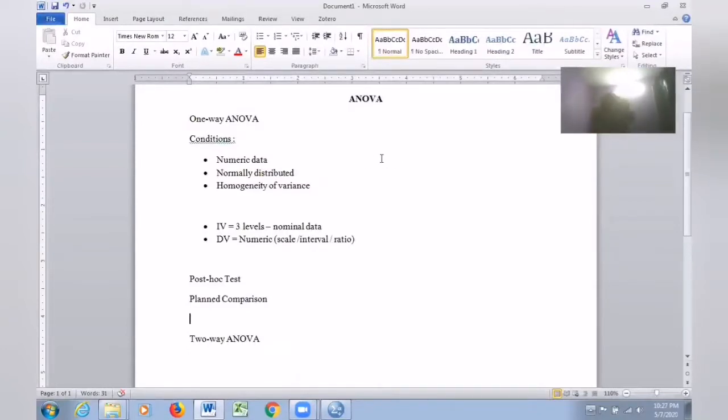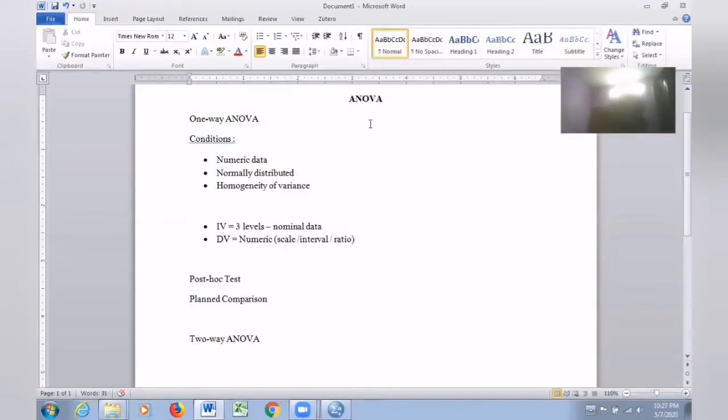So you take any independent variable measured in nominal data comprising more than two levels, and when your dependent variable is numeric data, that is, scale data, or interval or ratio, whatever you call it, in that situation you frame a hypothesis stating that there is no significant difference between this independent variable having three levels and the dependent variable.